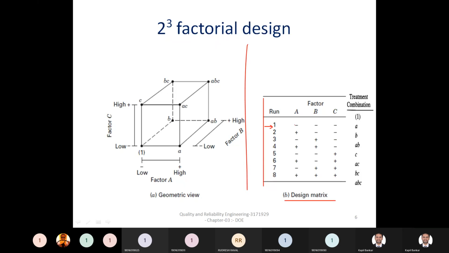Suppose all the factors have the low level, minus, minus, minus. Minus indicates your low level. You have two levels, one is low and another is high. So plus indicates high level.